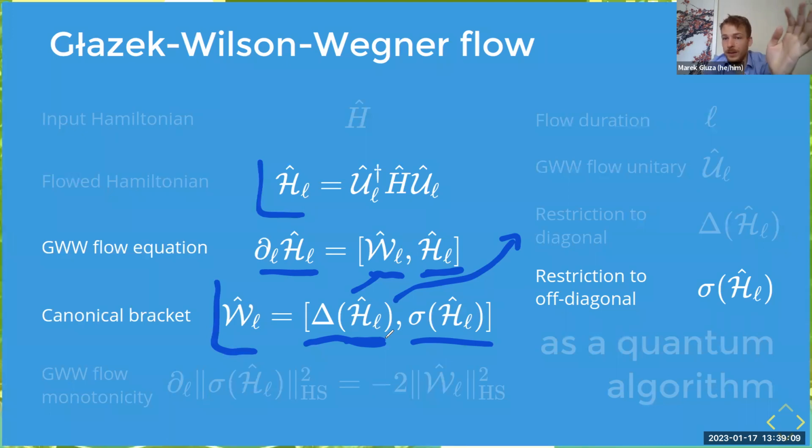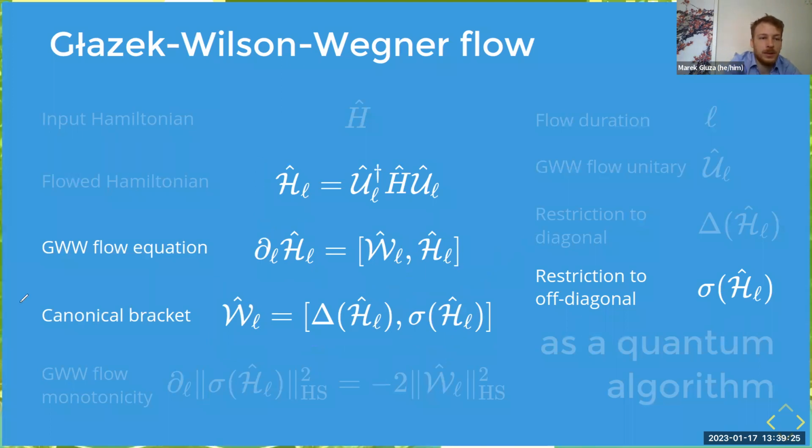Or you take that matrix and remove that diagonal, so you're left only with the off diagonal part. And when you look at the commutator of those 2, that's the direction, that's the generator of an evolution step during our flow. So that object here is called the canonical bracket. It is a bracket, a commutator. So this evolution equation is a nested commutator. It's a double bracket, so to speak.